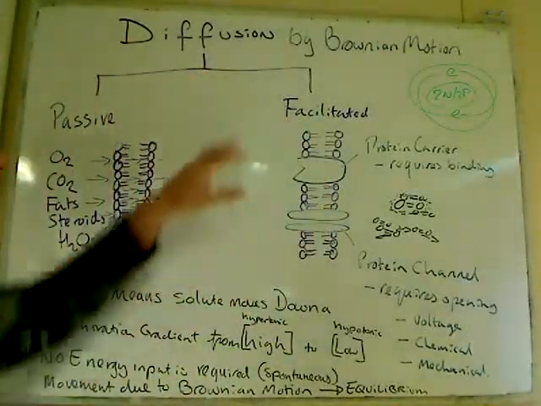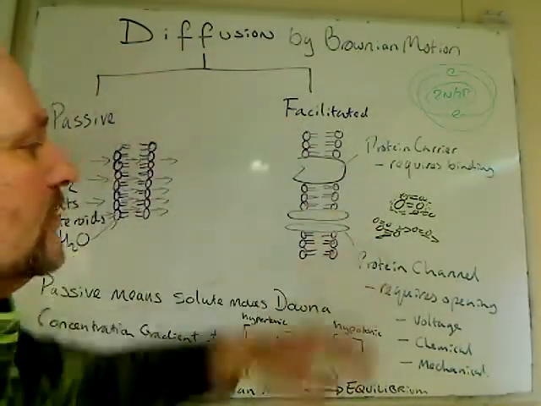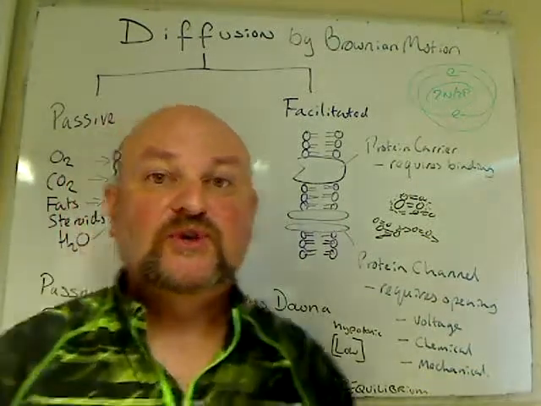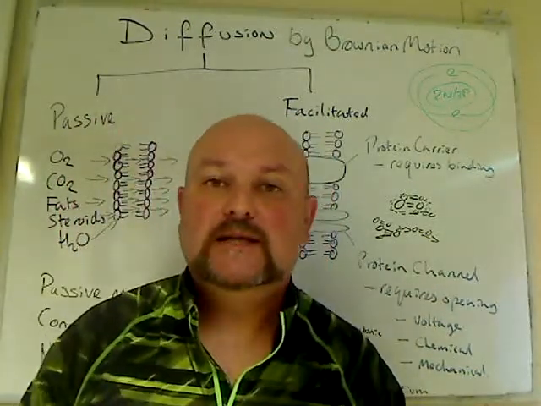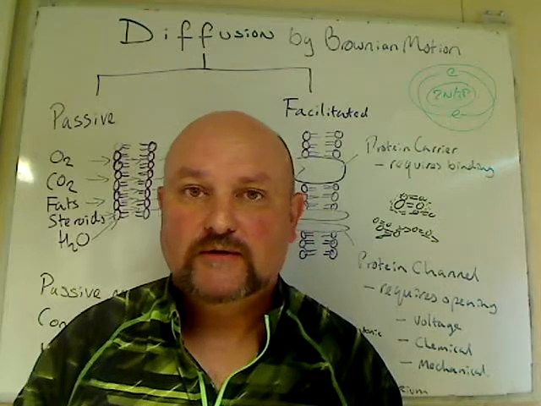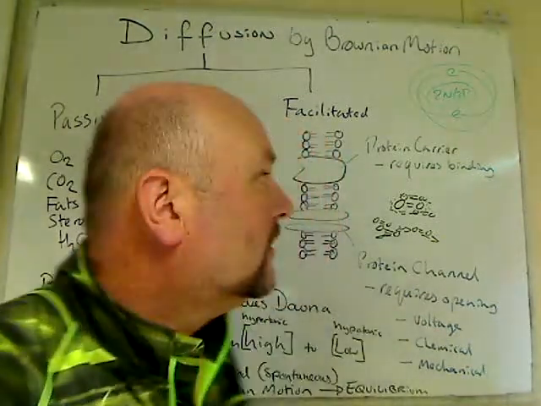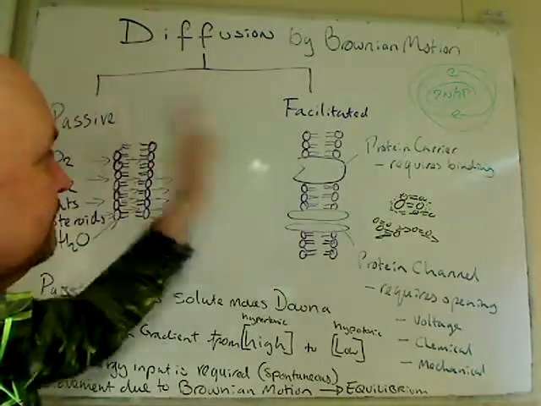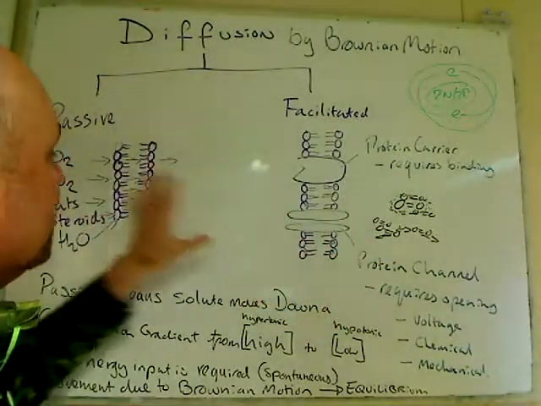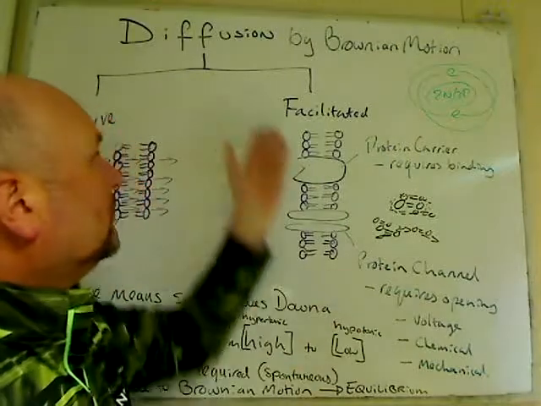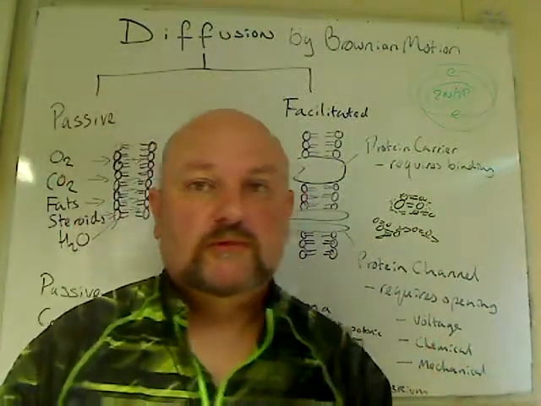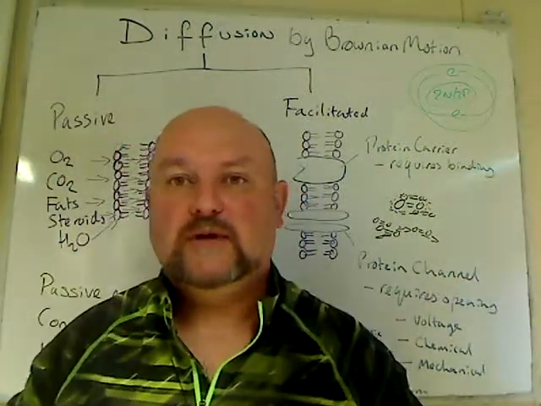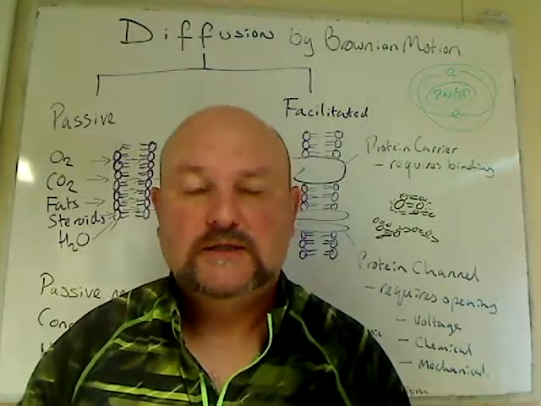Alright, so if diffusion is the movement of a solute through a solvent until it's at equal concentration throughout the volume, liquid, then we can talk about that in terms of things moving across cell membranes. Now, diffusion itself is really just the movement through an area with no barriers particularly in it.